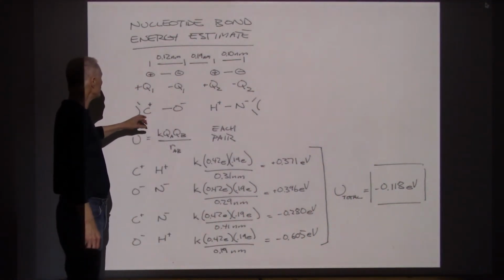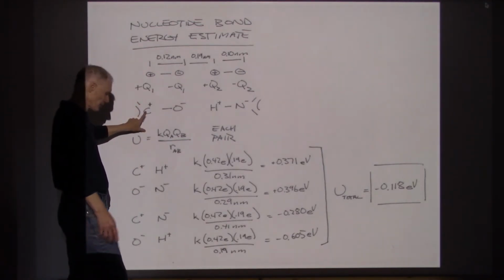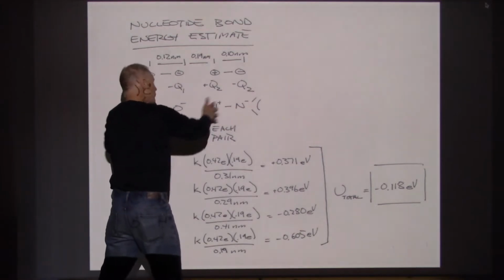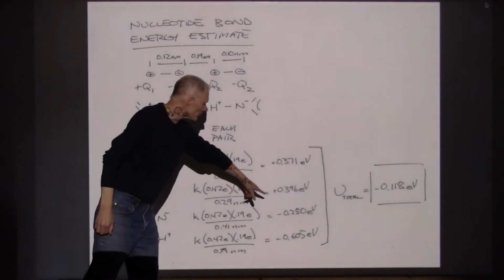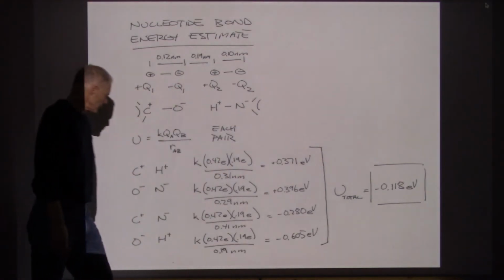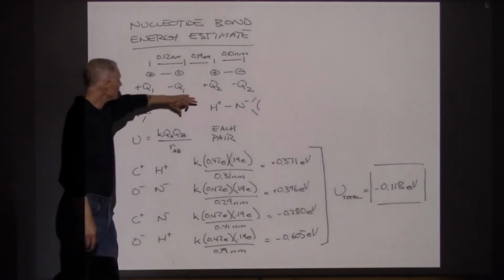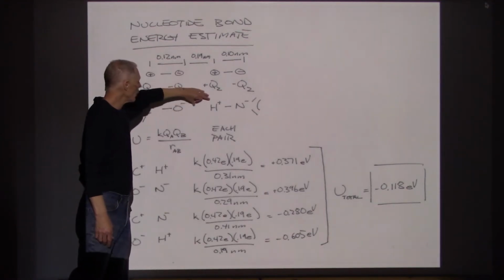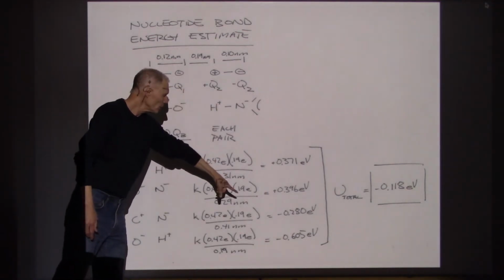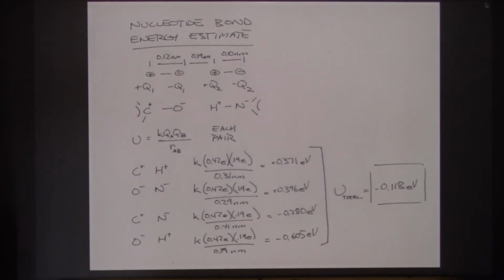And then what we can do is look at the attractive effects. So there's an attraction between the carbon and the nitrogen. Now they're farther away, and they're not producing as large of an effect, although it's still pretty significant, isn't it? 0.280. And then finally, the real dominant effect is the O and the H, the negatively charged O and the positively charged H. Putting the numbers in for that gives us a minus 0.605.